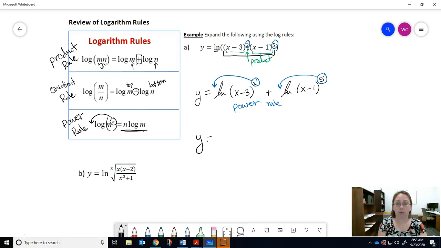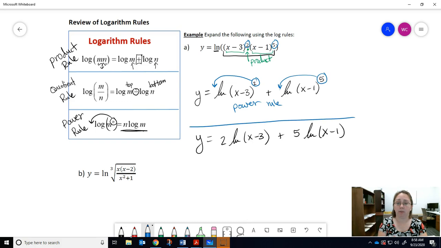So y equals, the 2 comes down, it multiplies by the ln, plus the 5 comes down and multiplies by the ln. So this is the algebraic rewriting using the log rules of that problem. This is actually so much easier to take the derivative of. The original one would be very complicated, which we haven't even talked about how to deal with. So you'll see when we get to that.